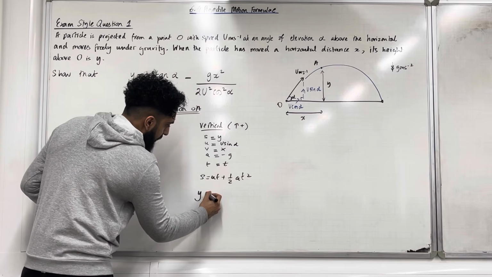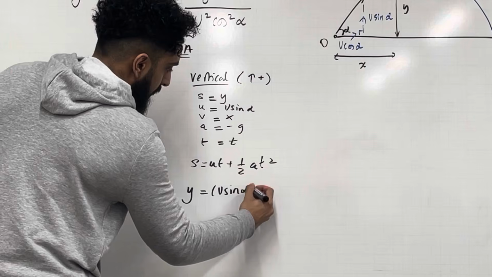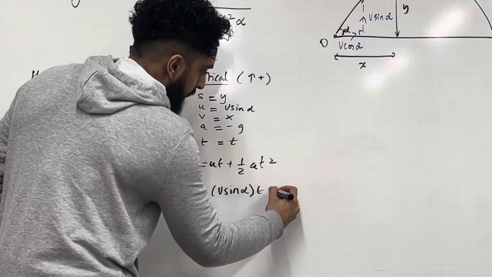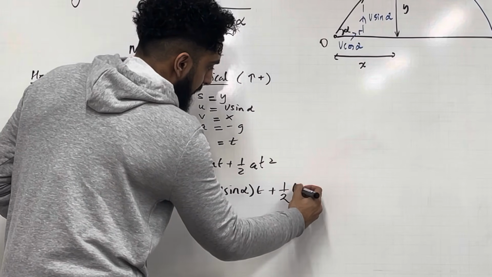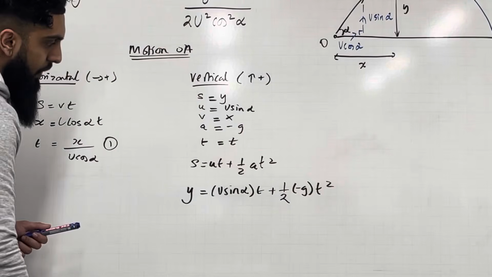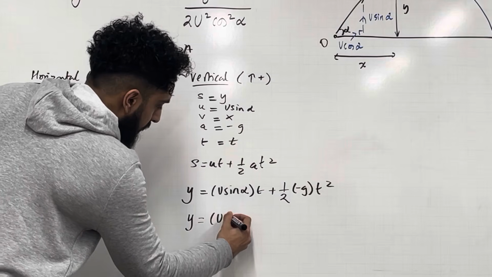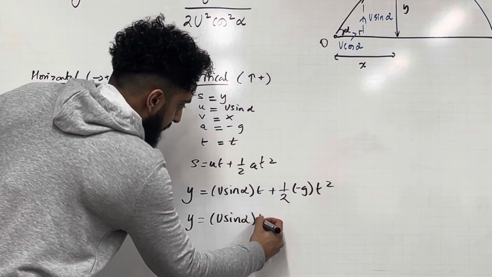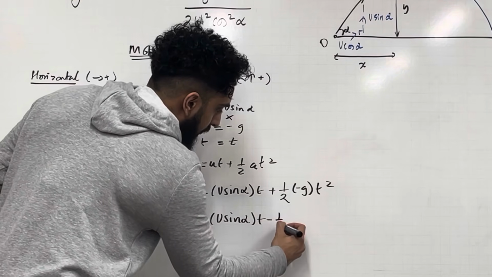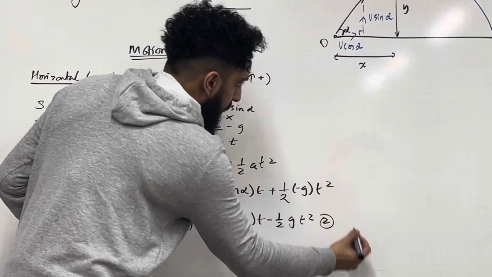I've got y equal u sine alpha multiplied by t plus a half multiplied by minus g multiplied by t squared. So I can clean this up and I can write y equal u sine alpha t minus a half gt squared. We can call this equation 2.